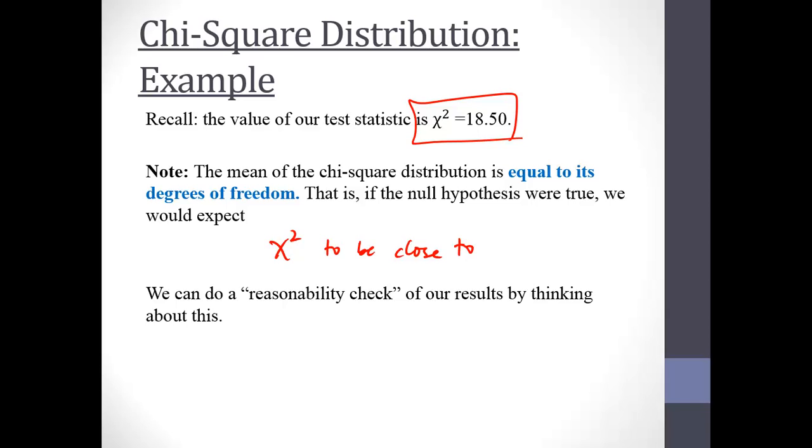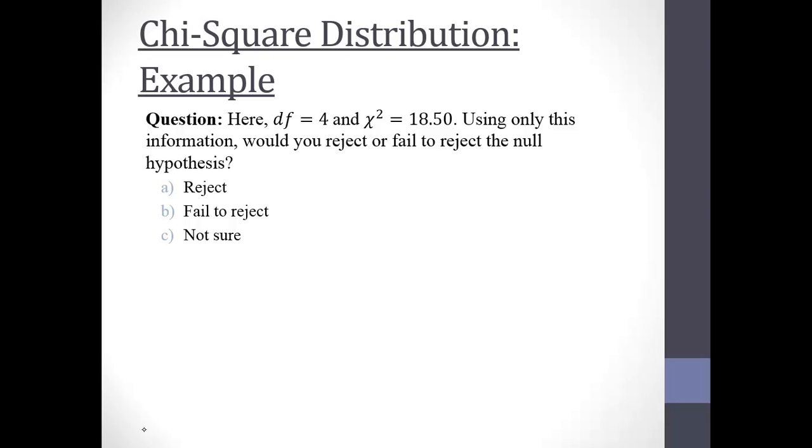You'd expect that thing to be close to whatever its mean is, so close to its degrees of freedom. And so we can do a reality check to see, just intuitively, is our null hypothesis correct or is it not?